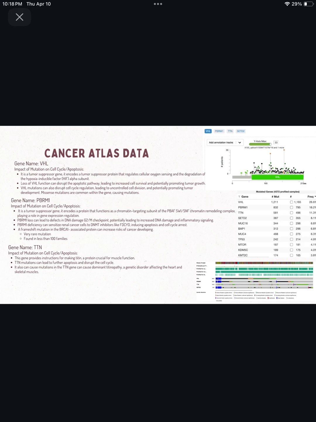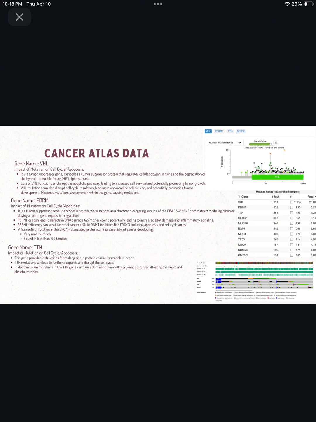So it could lead to increased cell survival and potentially promote tumor growth. These mutations can lead to uncontrolled cell division and promote tumor development. Missense mutations are common within this gene, which is the main cause of most of these tumors.